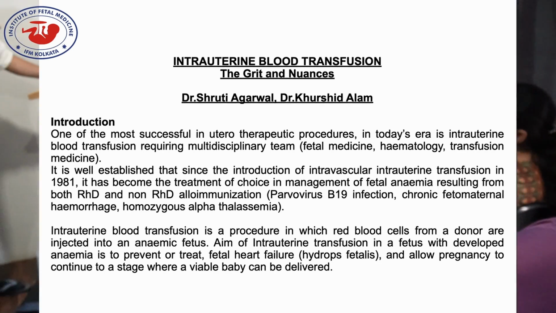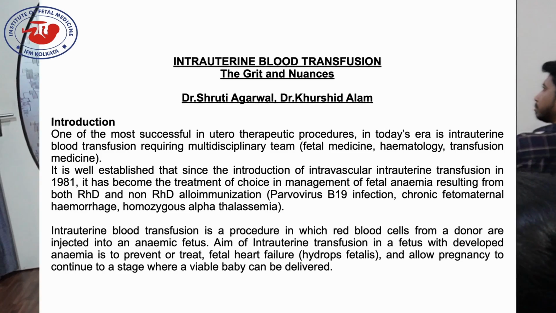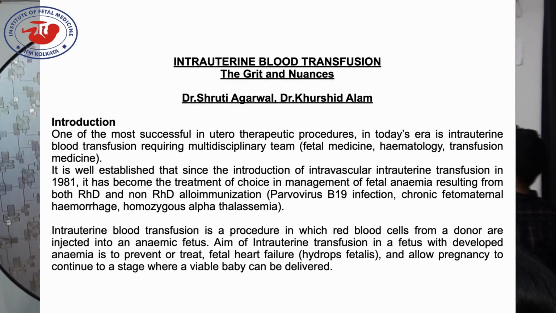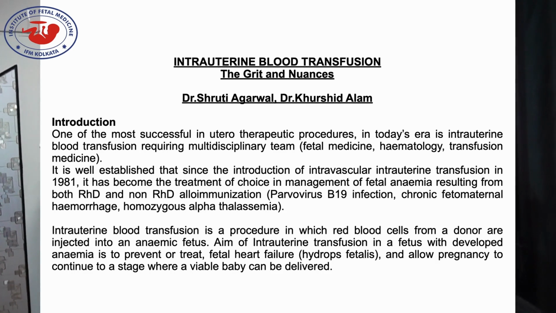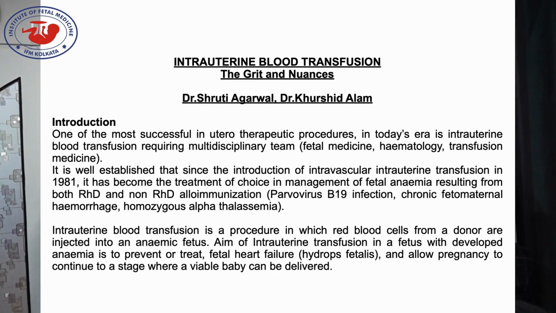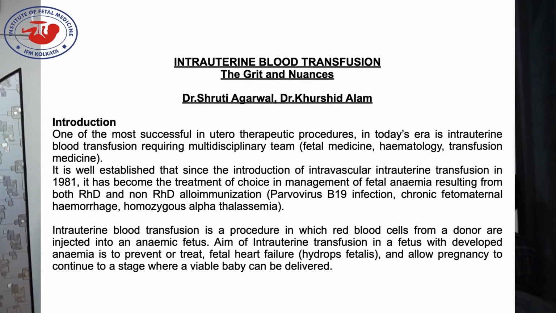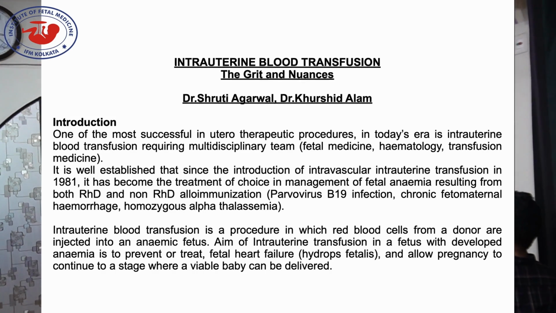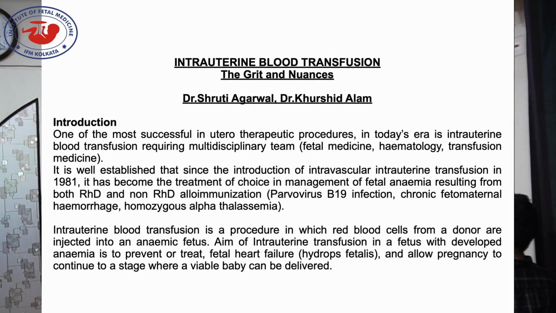Like at 20 weeks, if it is 40, 41, 42, it is double the gestational age. That means it is more than 1.5 MoM. Okay. And anemia is defined in the fetus in terms of Dopplers as MCA PSV more than 1.5 multiples of median, which is suggestive of fetal anemia.